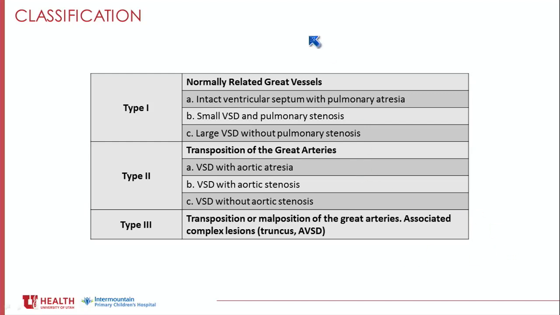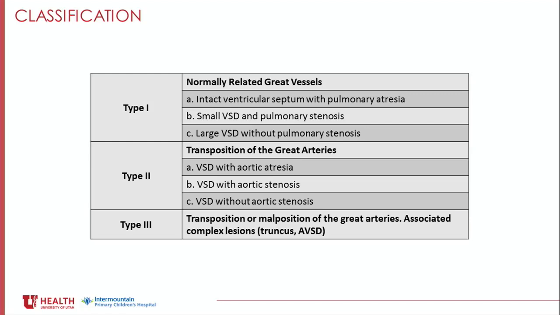And then where this comes into play is if the septum is intact, oftentimes, or by default, you're going to have pulmonary atresia. If you have a small VSD, that means not a lot of flow is going from the left to the right, and then not a lot of flow going out to the lungs. So the pulmonary valve is small, so you have pulmonary stenosis.